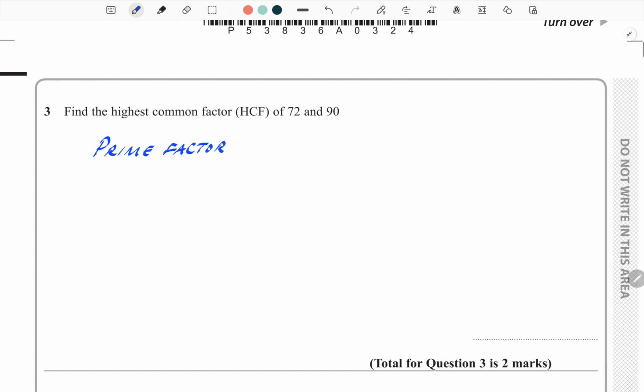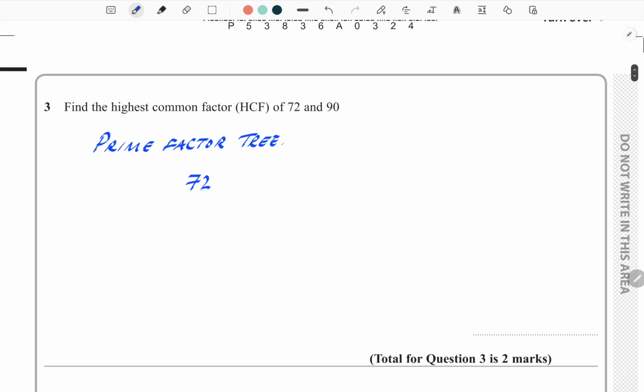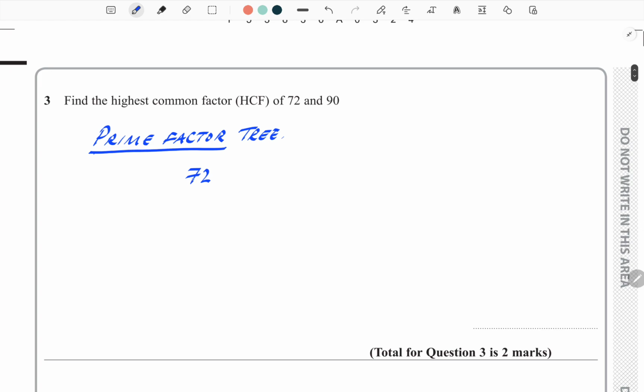And there are different ways of laying this out. I mean, you can do it as a little tree or a cascade, ladder form, etc. And I'll show you the format. So 72, divide by the prime factors. It's an even number, so the first one we're going to try is 2.